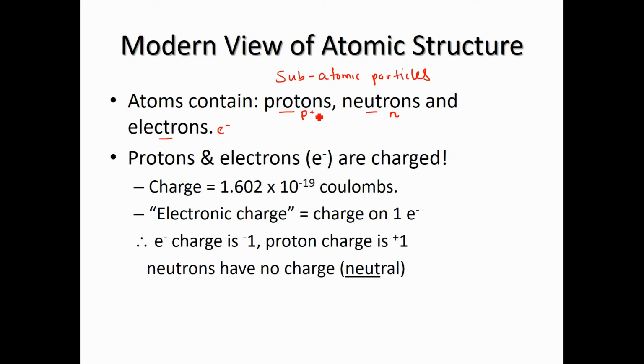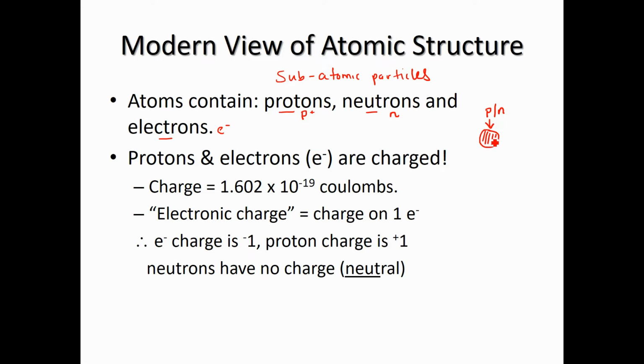Sometimes this is given as P plus. It's a proton. Okay, neutrons are neutral. Protons will be positively charged. Electrons are negatively charged. The protons and neutrons are found in the nucleus of the atom. So inside the nucleus of the atom, which is always in the middle, you get protons and neutrons.